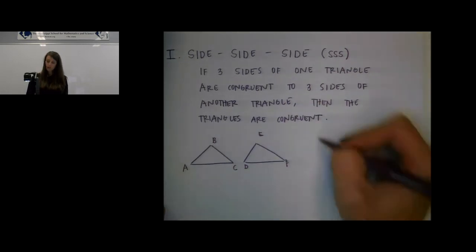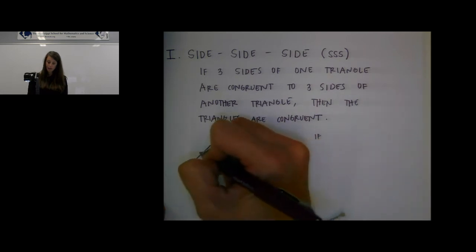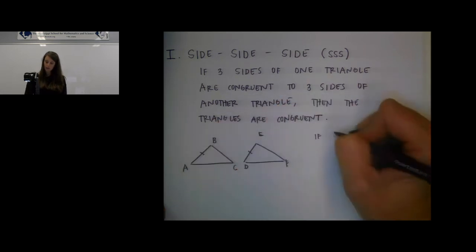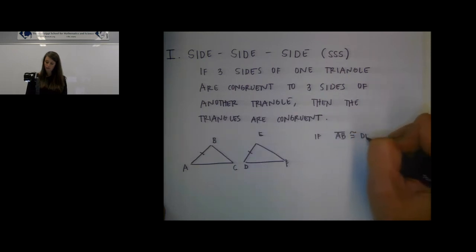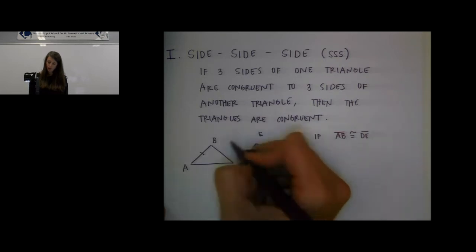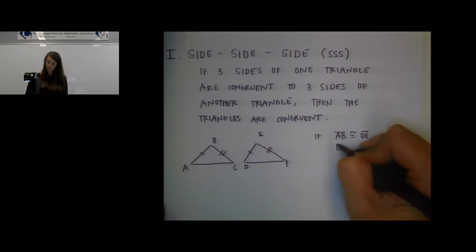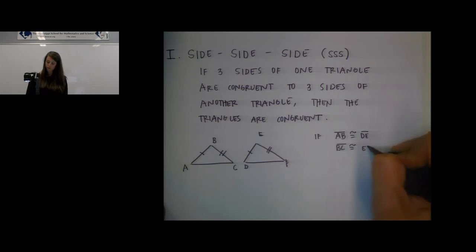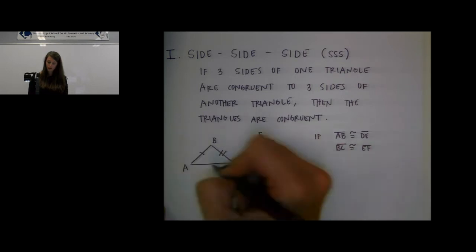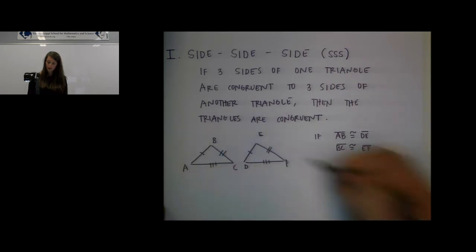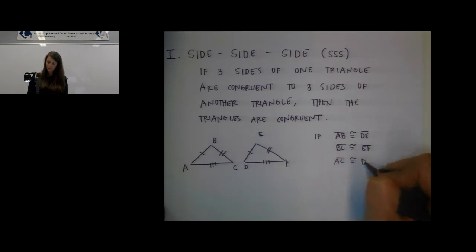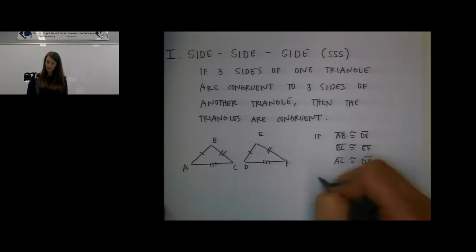So if AB is congruent to DE, and BC is congruent to EF, and AC is congruent to DF, then we just showed that those two triangles are congruent.